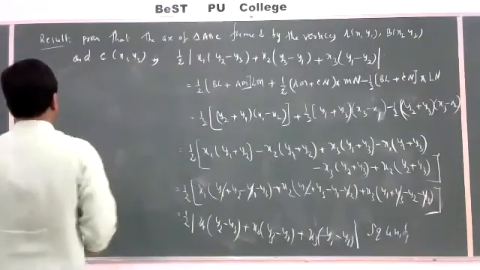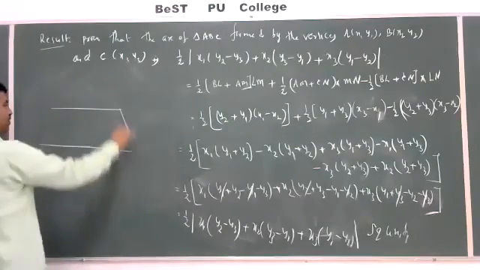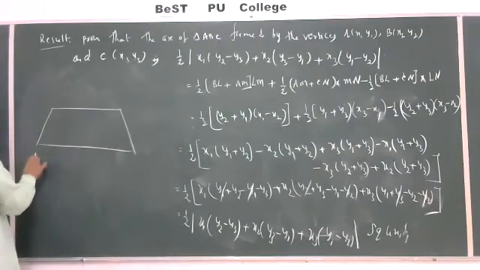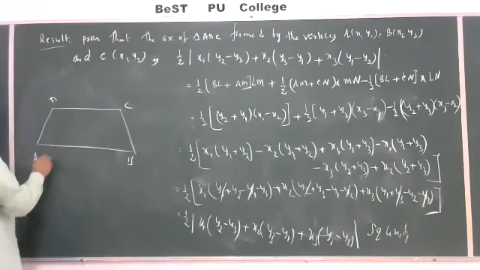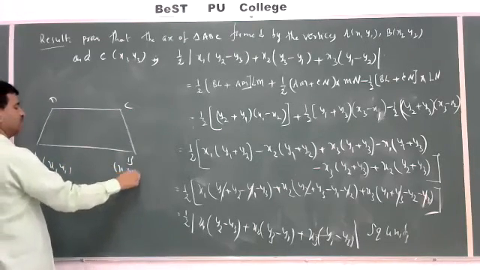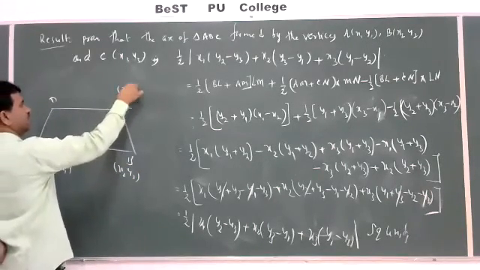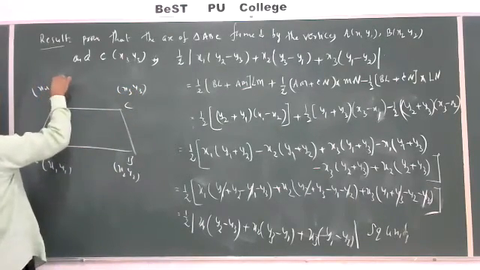How to find the area of the quadrilateral when 4 vertices are given? All of you just listen to me. A, B, C, D is a quadrilateral. 4 vertices are given: A x1, y1, B x2, y2, C x3, y3, D x4, y4.